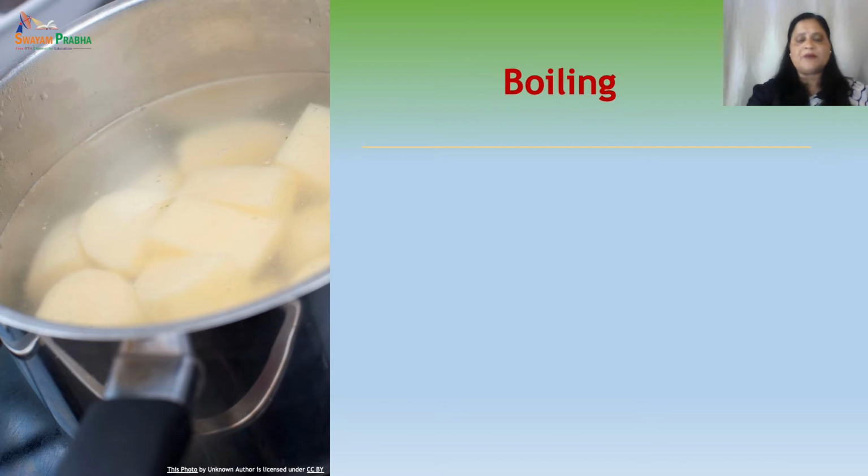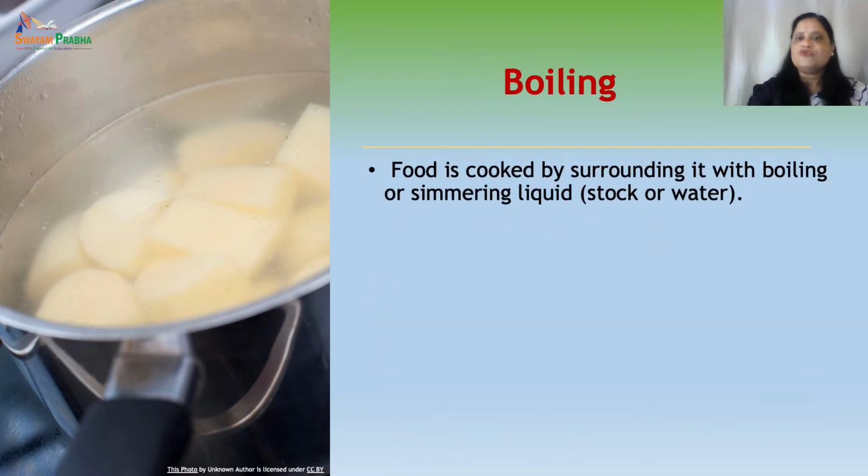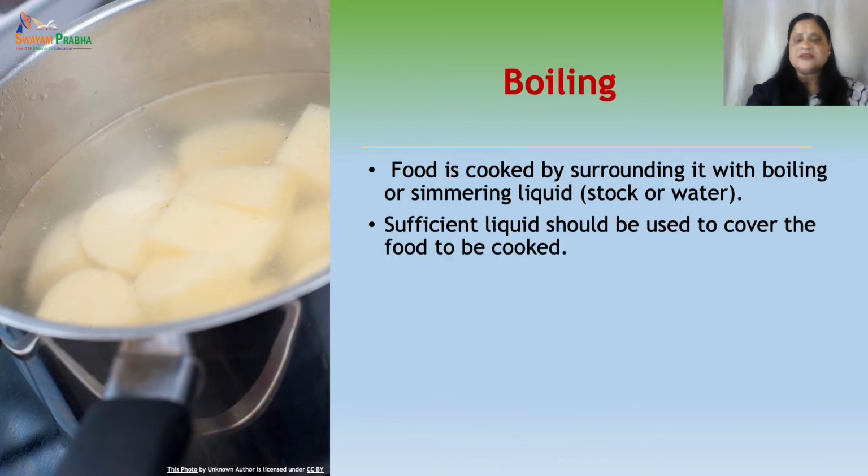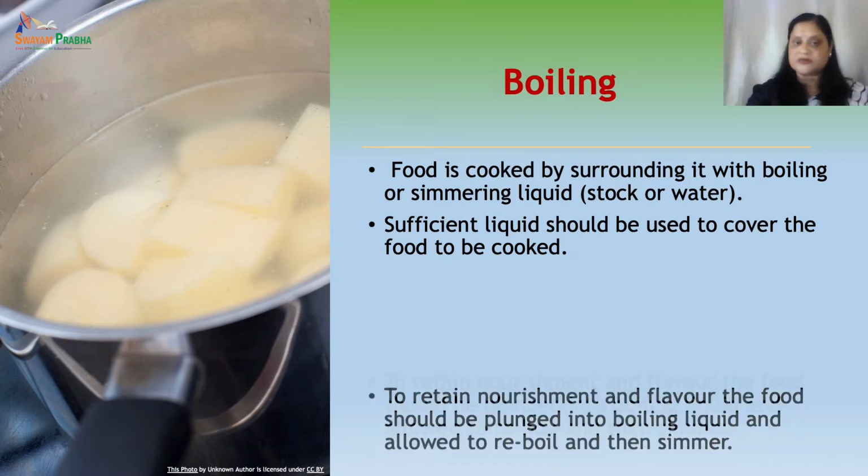Let us learn about boiling. Food is cooked by surrounding it with boiling or simmering liquid. It can be stock or water. Sufficient liquid should be used to cover the food to be cooked.